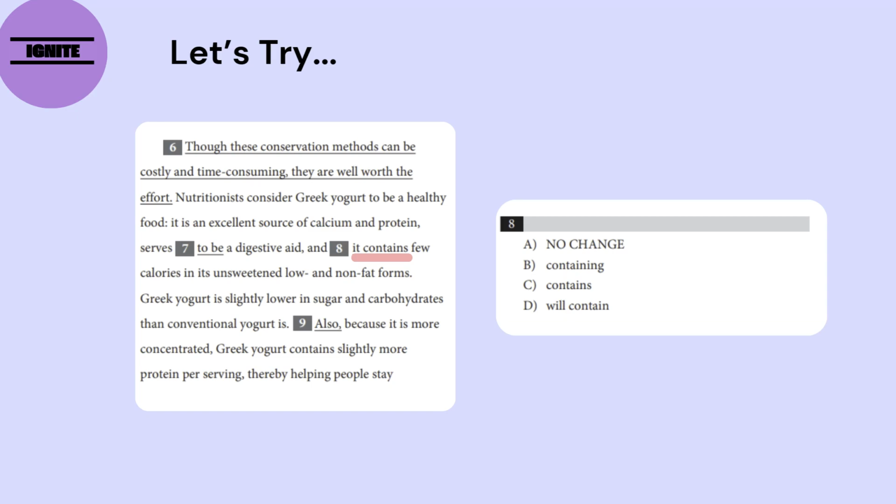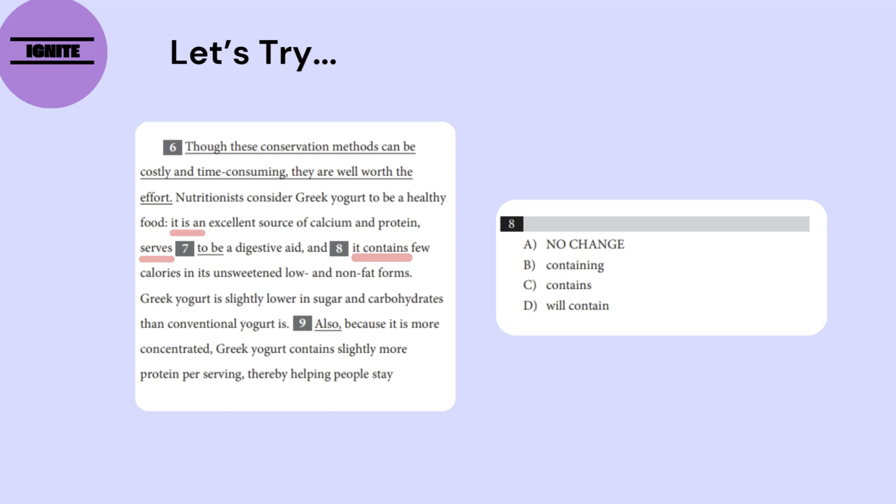So, nutritionists consider Greek yogurt to be a healthy food. It is an excellent source of calcium and protein, serves to be a digestive aid, and it contains few calories in its unsweetened, low, and non-fat forms. Look how I emphasize those specific words. That is because the use of "is" and "serves" are an active way of using parallel lists.